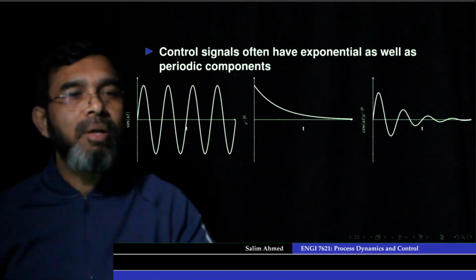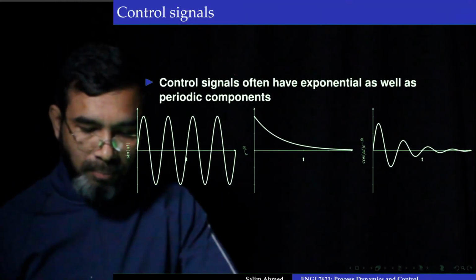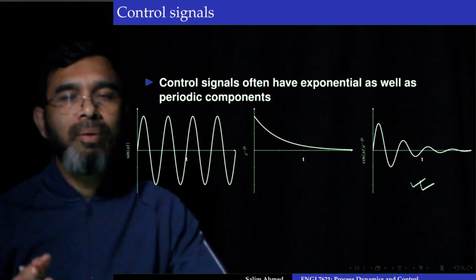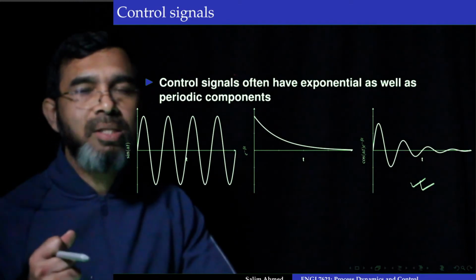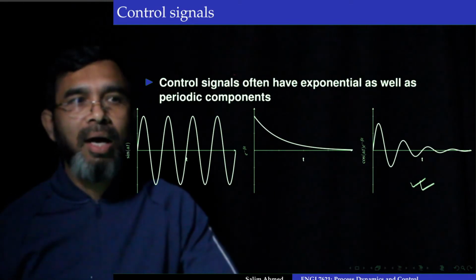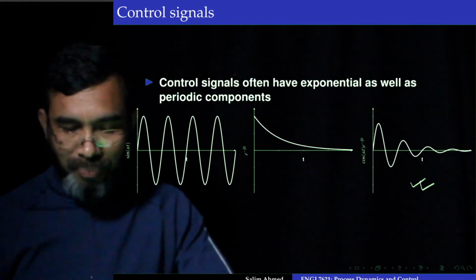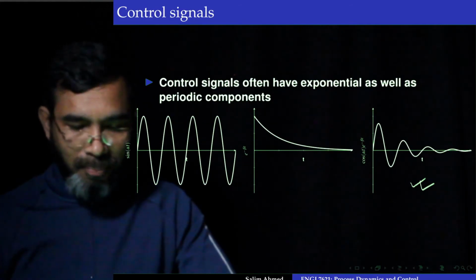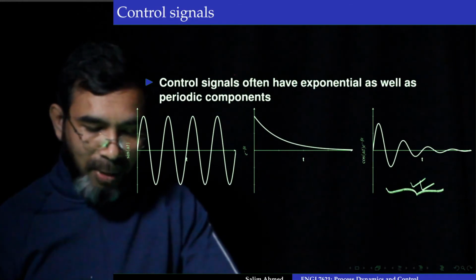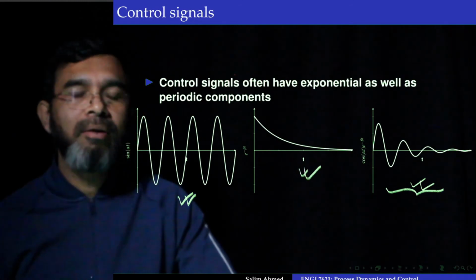Okay, now look at these control signals. In many applications we will see some sort of variation like this one. So the length of a spring, you put a mass on the spring and then release it. The length of the spring is initially longer and then gets shorter, and at a certain time it becomes steady at some value. This type of behavior can be represented by a combination of periodic and exponential functions.